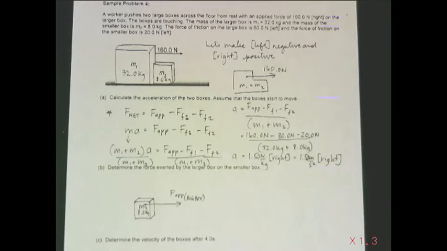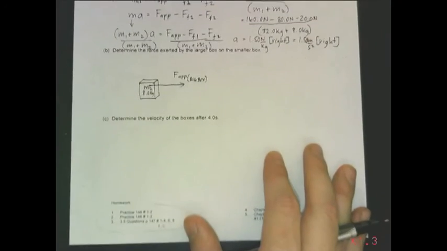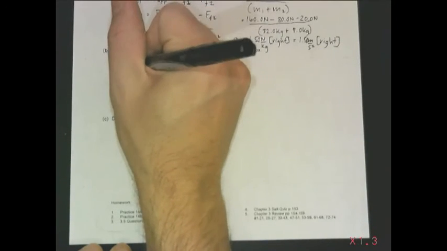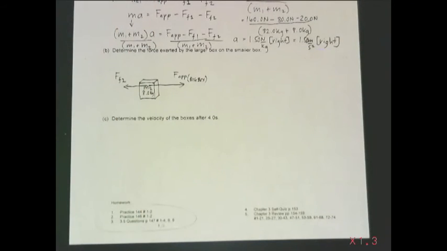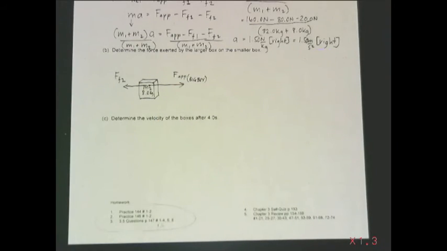And we know that friction is acting on this object, but in the backward direction. And we call this force of friction 2. Our job is to find out what the force applied by the big box is.